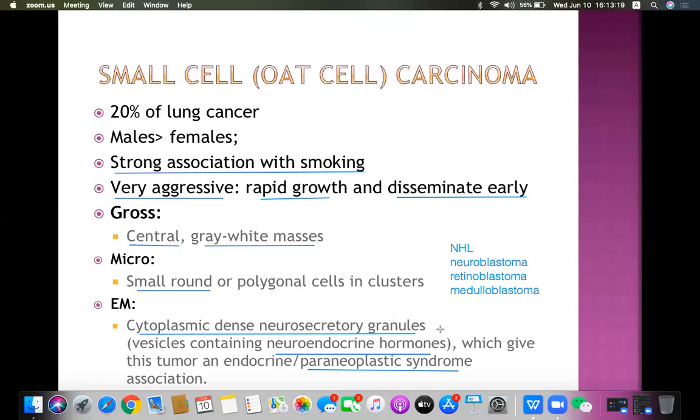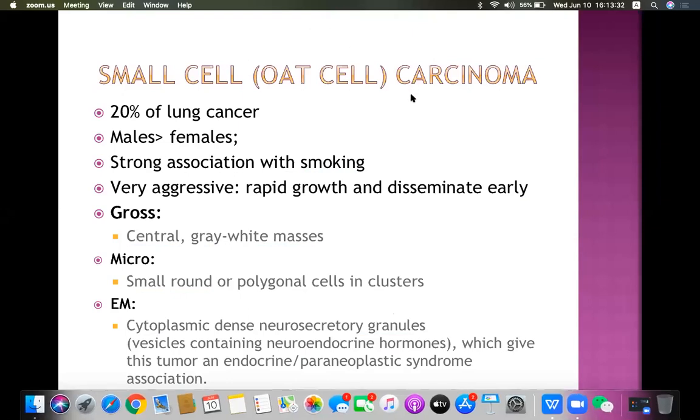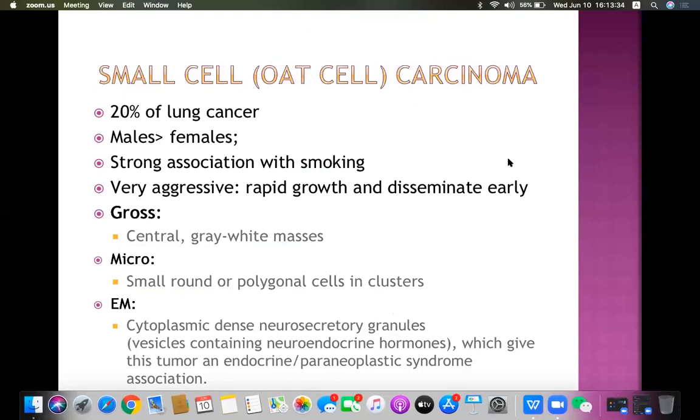Now, if ACTH is secreted in increased amount, what will happen? Any idea? Probably nobody taught you about endocrine, so we'll talk about this sometime later. Don't worry. ACTH means adrenocorticotrophic hormone.